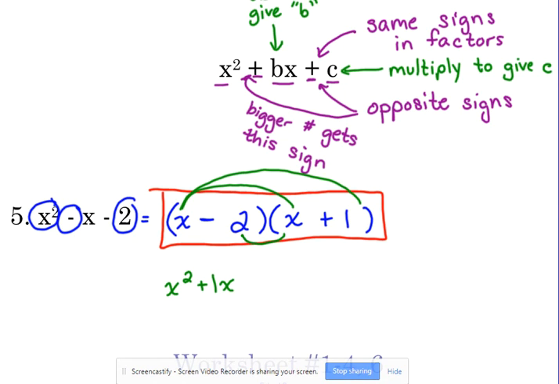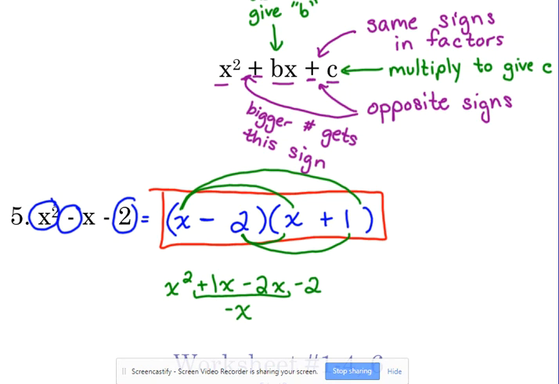Inside, negative 2 times x is negative 2x. And the last, negative 2 times positive 1 is negative 2. And if I combine those terms right there in the middle, positive 1x minus 2x is minus x. That's what I had in the original problem.